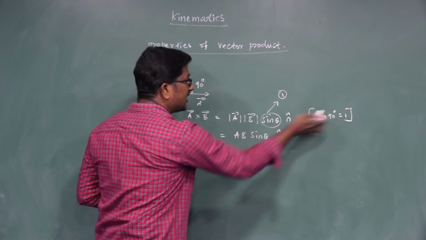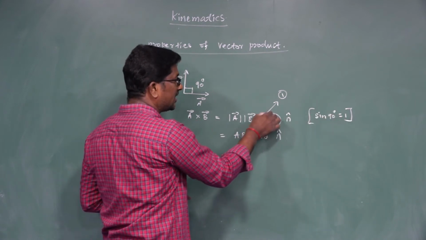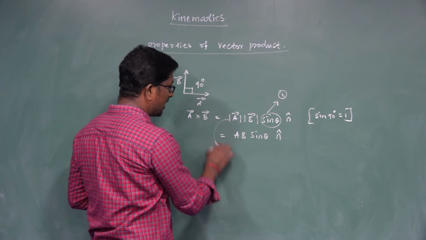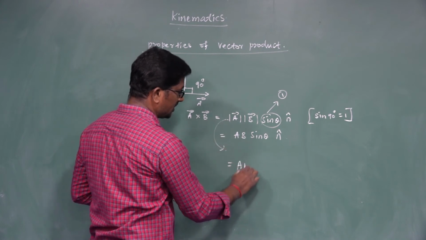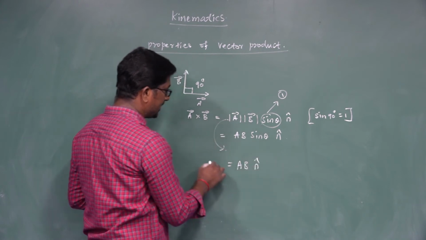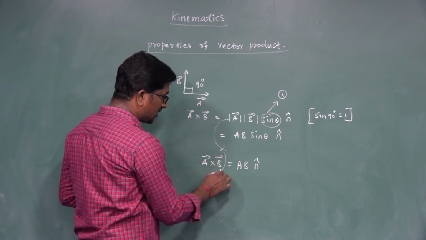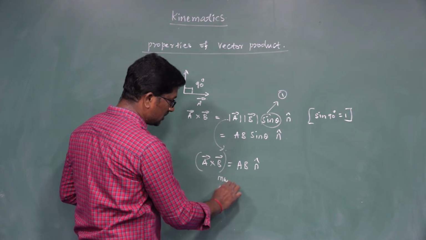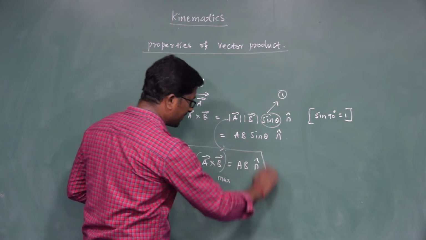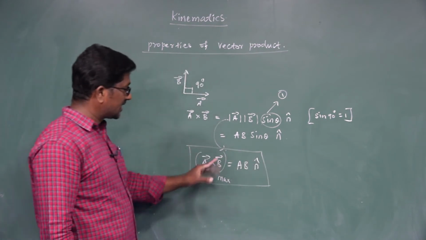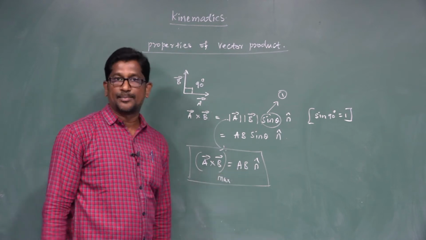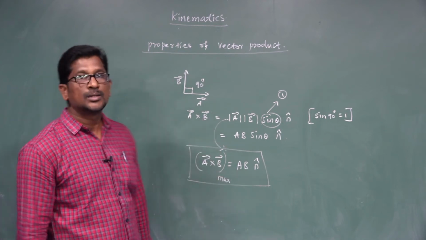Put sin 90 degree equal to 1 here, and this value becomes AB into n cap. Here the value of A vector cross B vector is a maximum. The maximum value of A vector cross B vector is AB into n cap. So this is the third property.